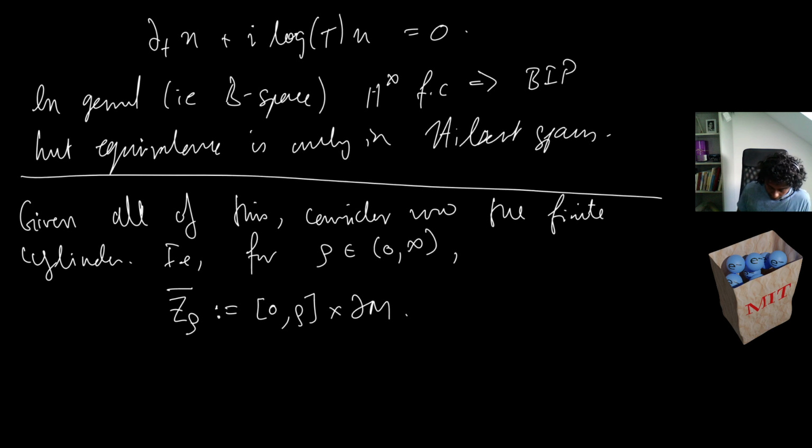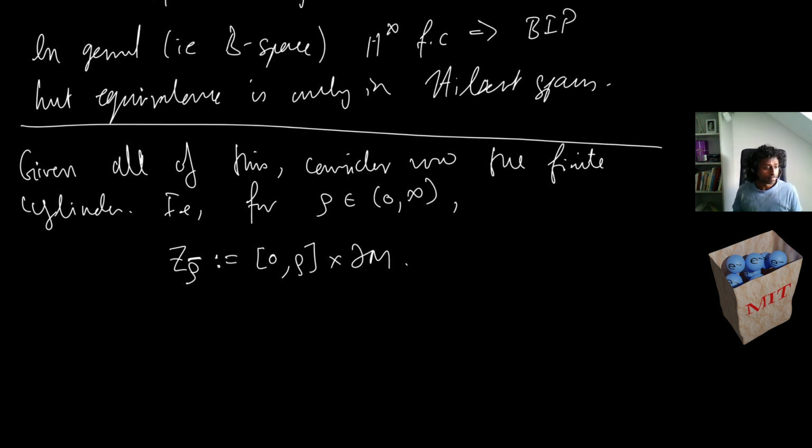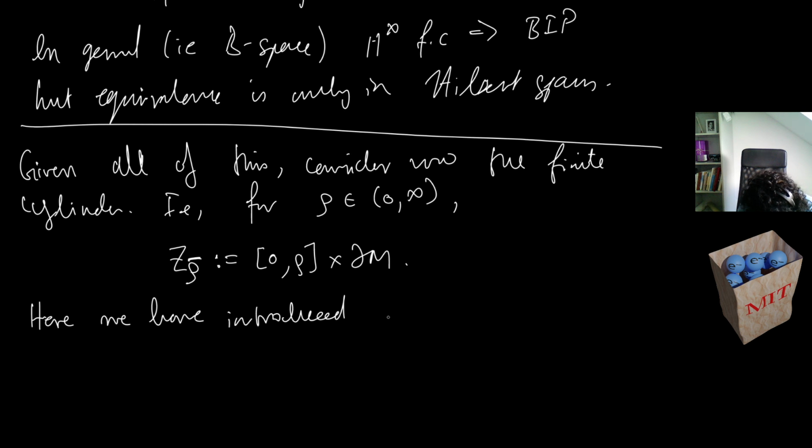It's a bit annoying to have to carry that closed around, so maybe we can put the closed on the rho. Yes, sorry, I should have thought about how to do that. So the point here is, we have introduced a false boundary.